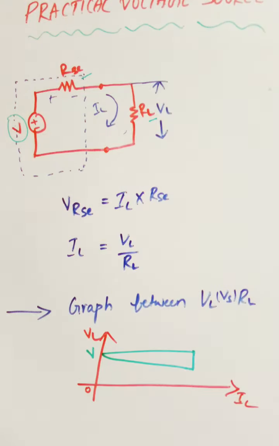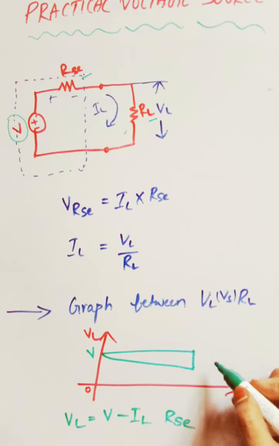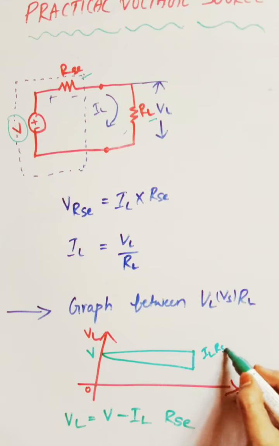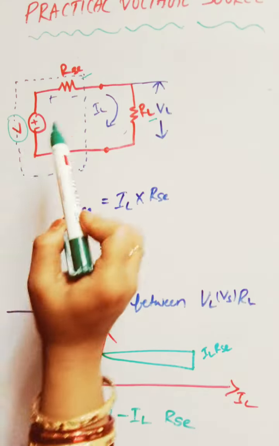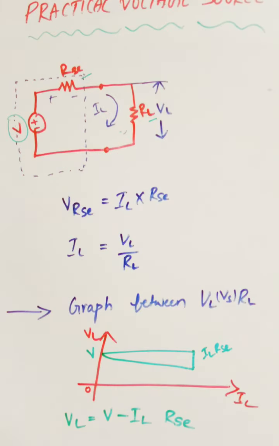I can say that the voltage across the load resistor, VL, is equal to V minus IL RSE. Here the voltage drop across this will be IL RSE. This voltage depends upon the load current as well as the series resistance.